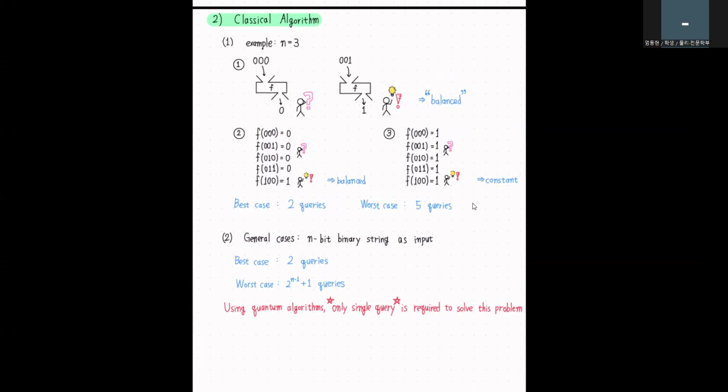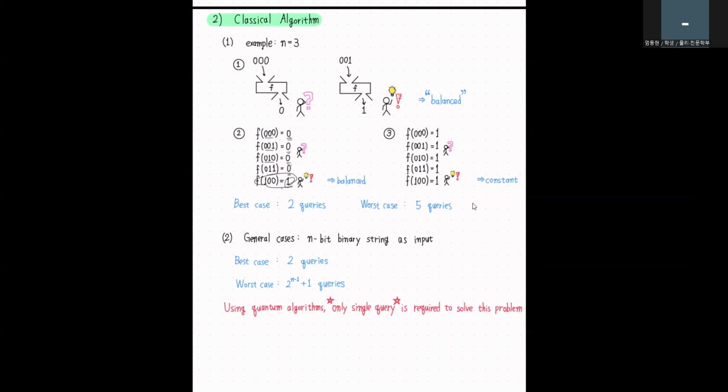Now, in the best case, we input these bit strings one by one, and it's balanced if during our process we encounter a value that is different. So in this case, we keep getting zeros. But if we get at least one entry that is 1, we can simply stop right there because we already had information that there are only 2 possibilities, that it's either constant or balanced.